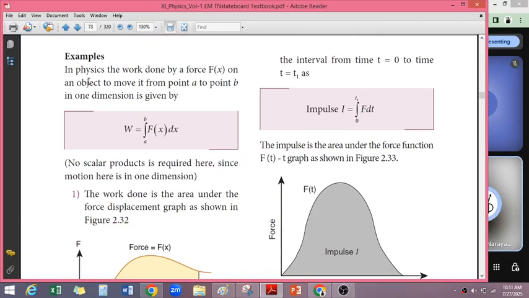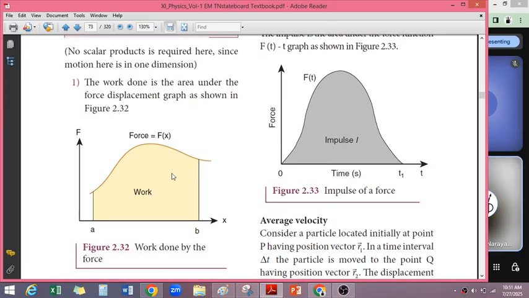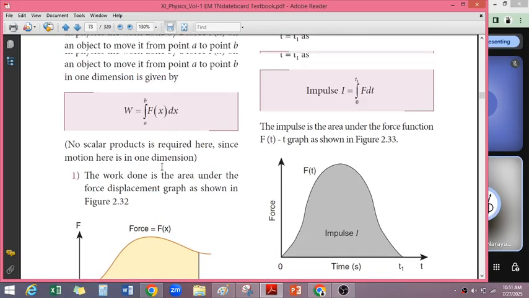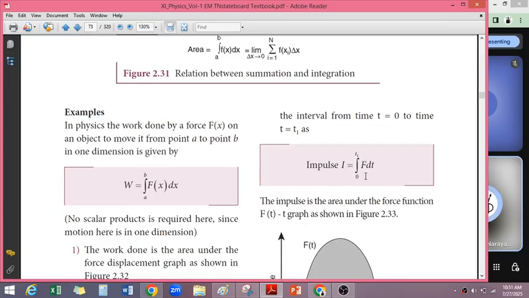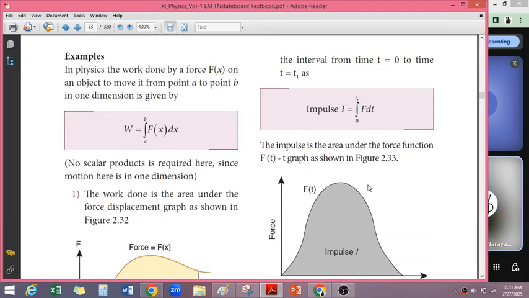For example, in physics, work done is defined as force into displacement, so you can take the integral of f of x dx. Impulse is force multiplied by time.